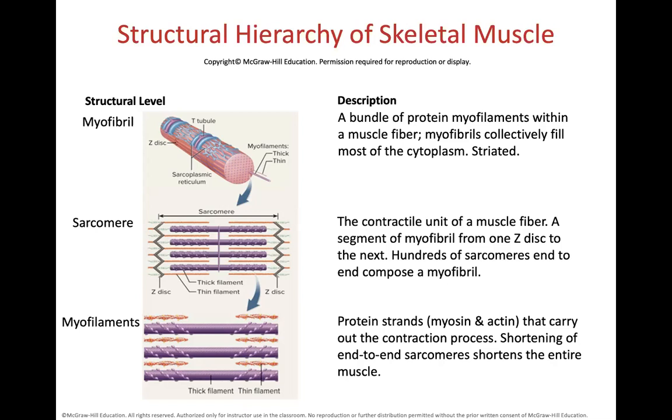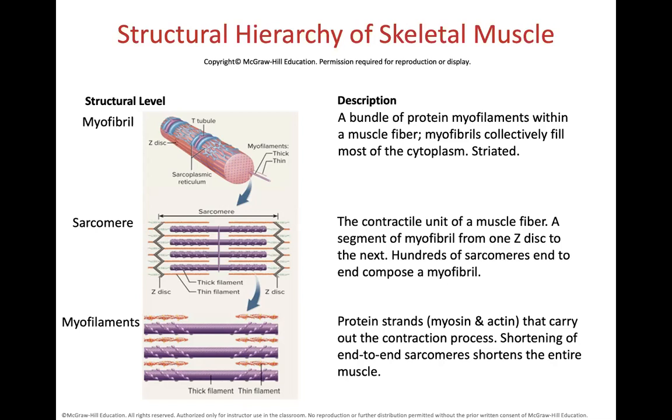So I'm going to skip over sarcomere here, and go down to myofilaments. The myofilaments are the protein strands that are moving to contract the muscle. Myofilament is the finest level of detail we're going to get into, so there are no more slides on the hierarchy of skeletal muscle here.